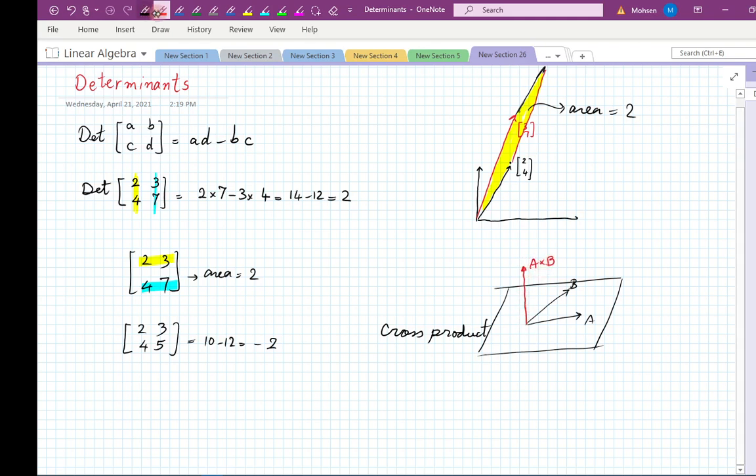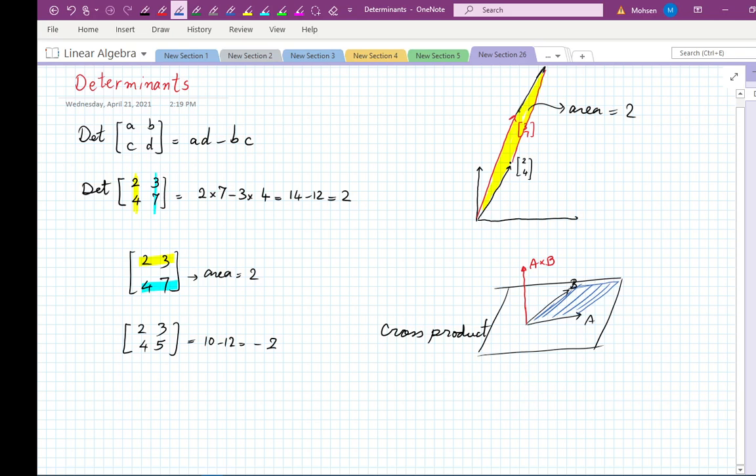And at that point we also mentioned that the length of this vector is equal to the area of this parallelogram. The length is equal to that area. And of course, if you have B times A, it becomes the negative of this, points the other way, but the length is still the same.